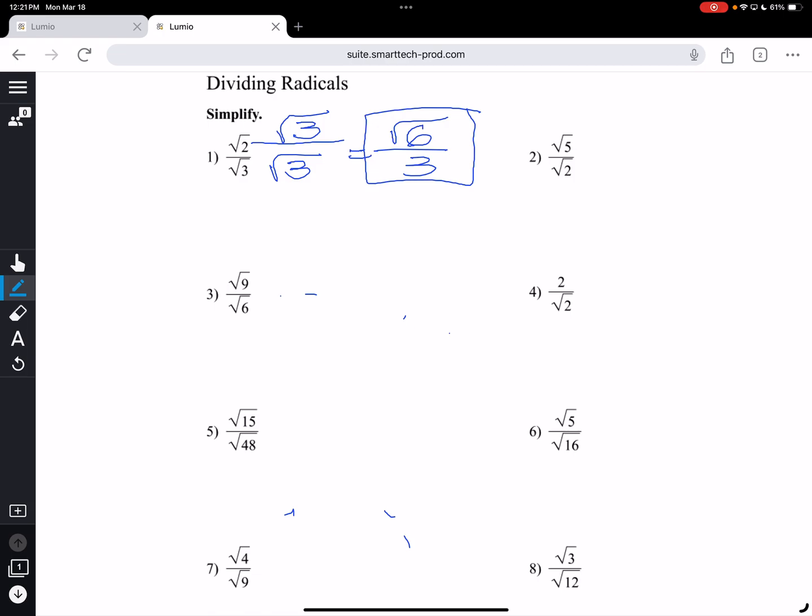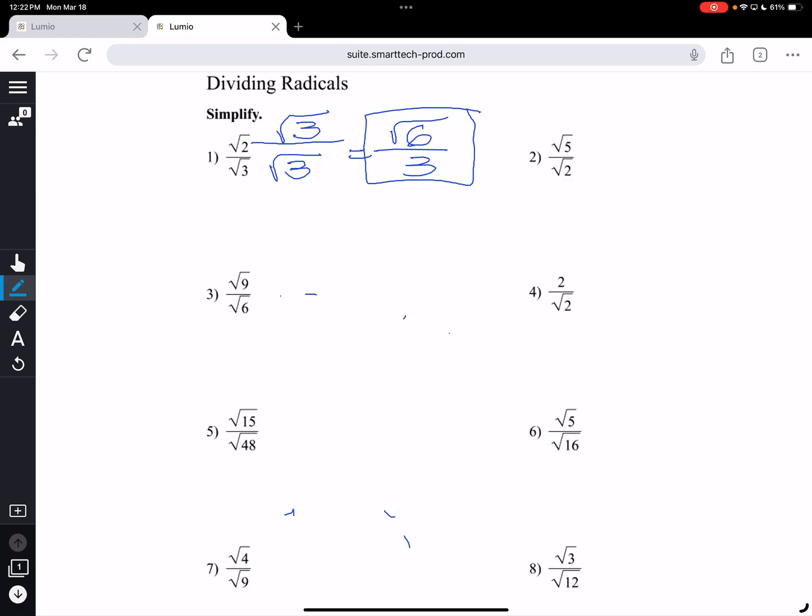Listen, if I said radical 2 times radical 4, I get radical 8. Well, I still would have a radical. Radical 2 times radical 1, radical 2 times radical 3, the only way to really be sure you pick the right one is to say radical 2 by itself, and then you get a perfect square. Radical 2 times radical 2, you get 2.